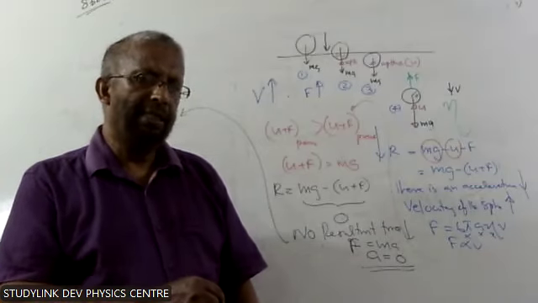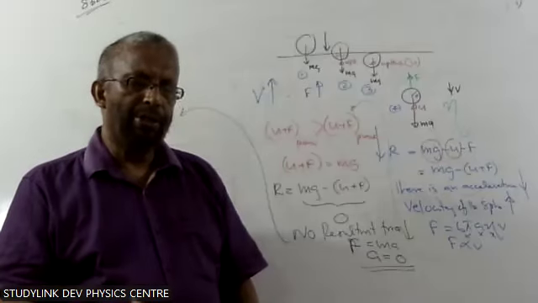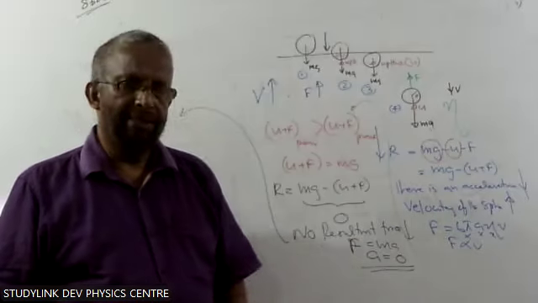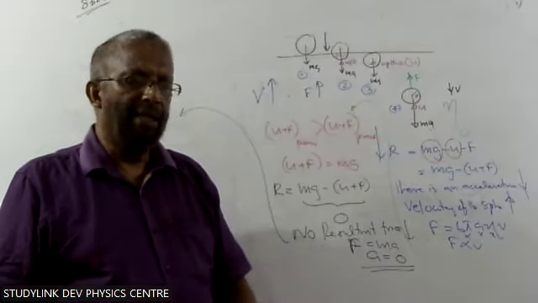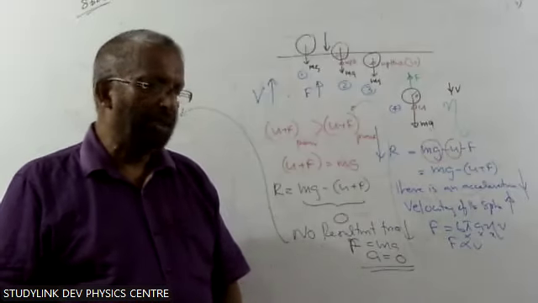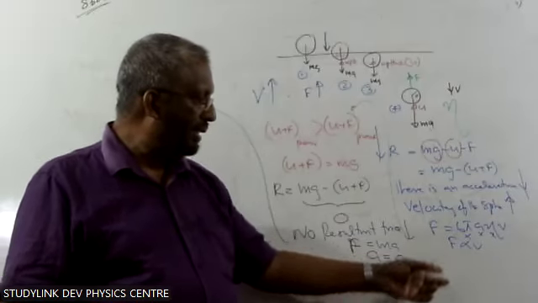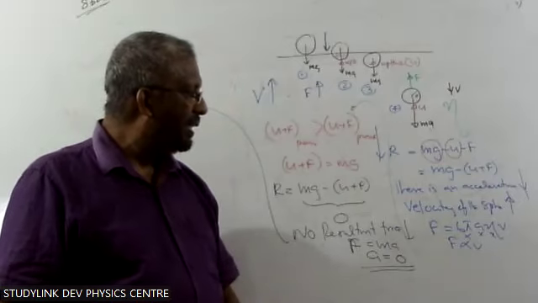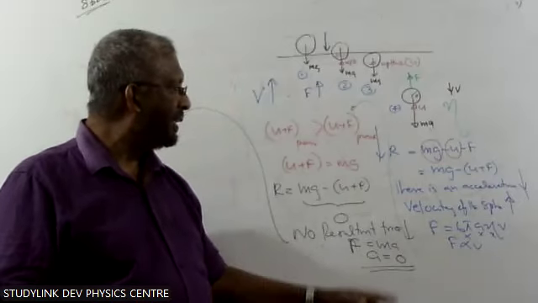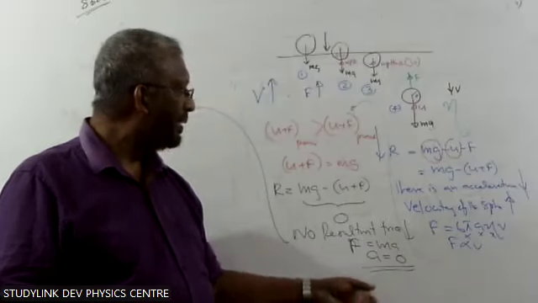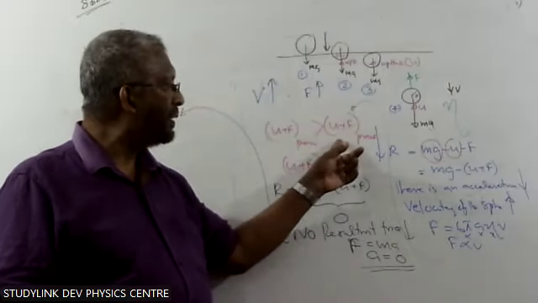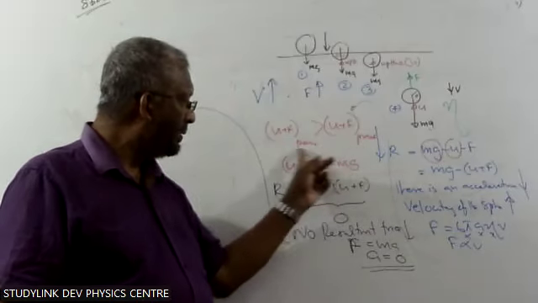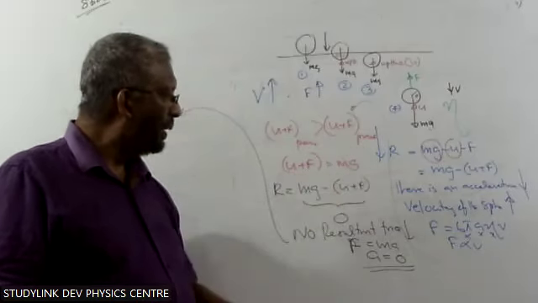According to this, the resultant force decreases. Sometimes in books they use the word diminishes, decreases further and further, and there is a situation where U plus F is equal to mg. Note down this one: U plus F equals mg.